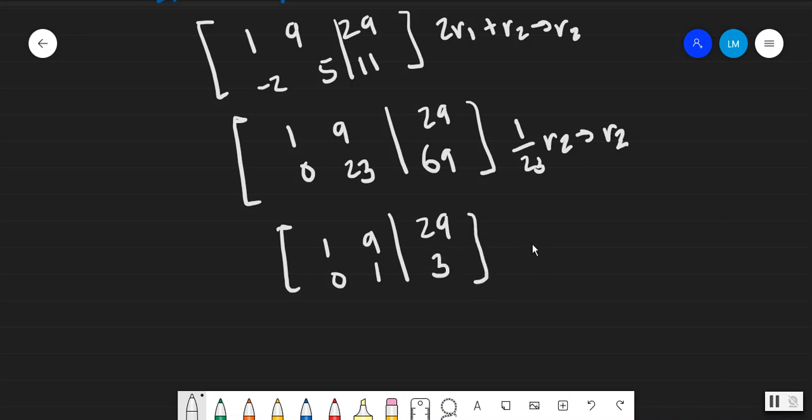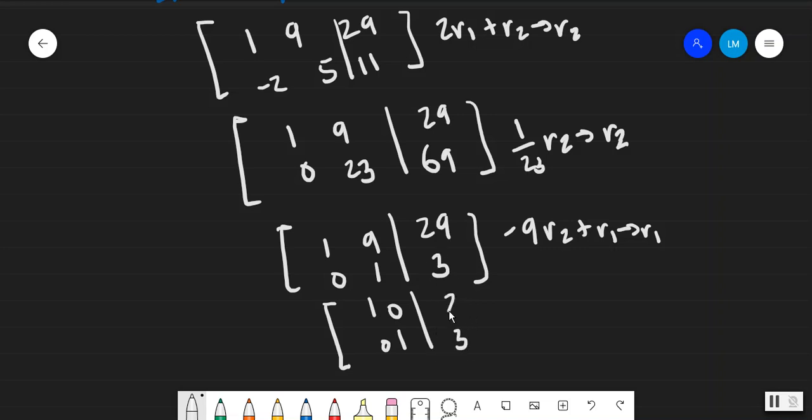Okay, so the next thing you can probably do is multiply the bottom row by -9 times row 2 plus row 1, and that's going to give you a new row 1. Technically, I would have probably just used back substitution because it's a lot faster, but since I got to this point, I might as well just finish it. So I have 2, because 29 minus 27 is just 2. So that tells you that x is equal to 2, and that y is equal to 3. So that means that the solution is (2, 3).